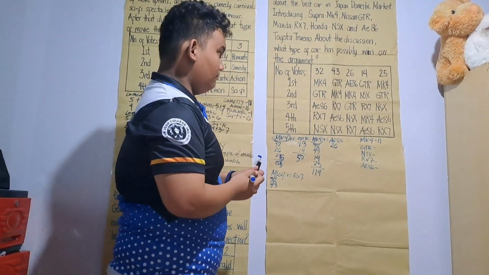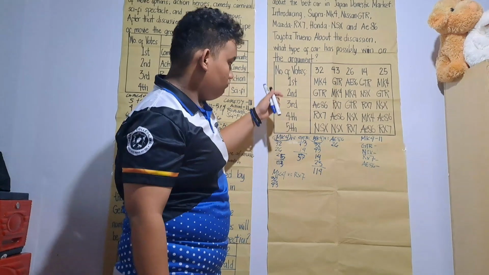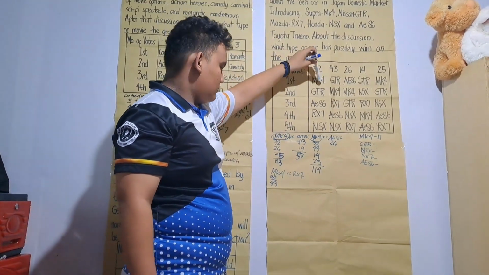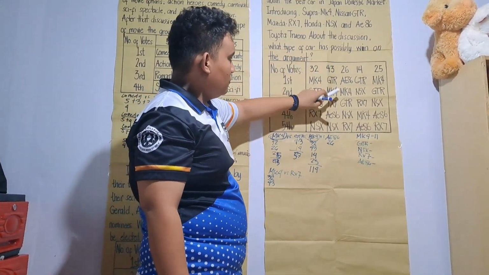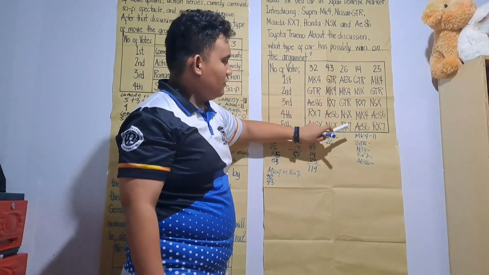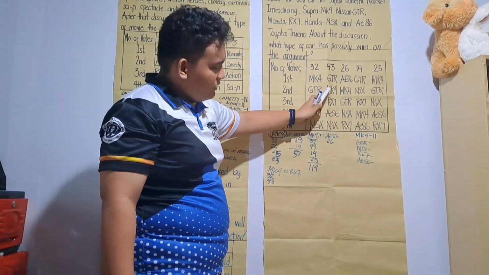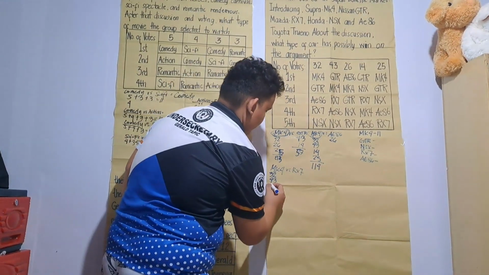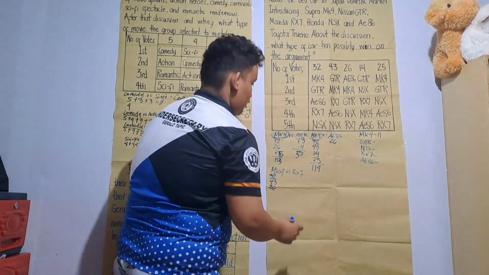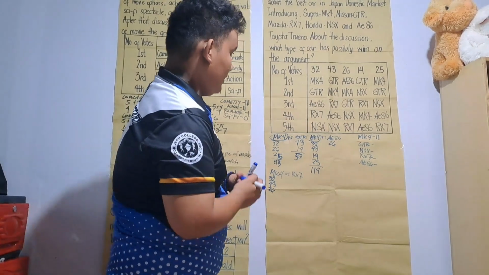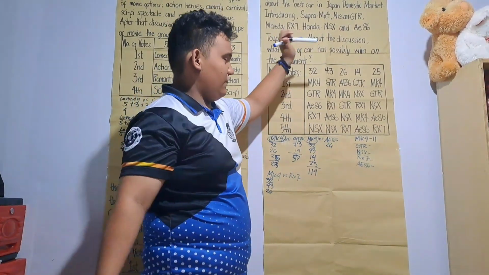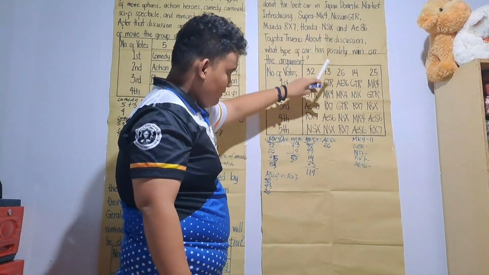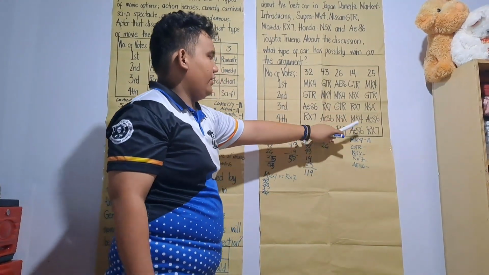And the third column, 26 voters goes for MK4 rather than RX7. So 26 voters goes to MK4. Then the last, fourth column, RX7 is first, then MK4.